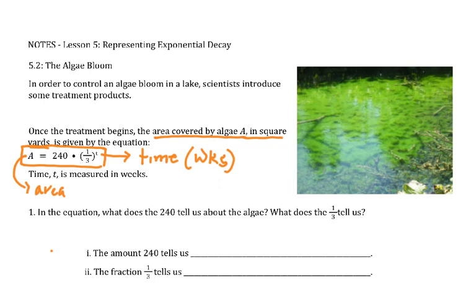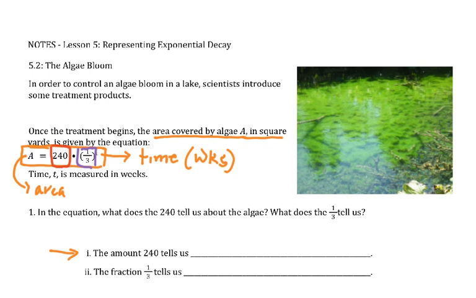What does 240 mean in the equation? And what does 1/3 mean? Because they mean something. Whenever you write equations, numbers mean something. I want to make sure that you understand, because you're going to see this over and over again in exponential work.